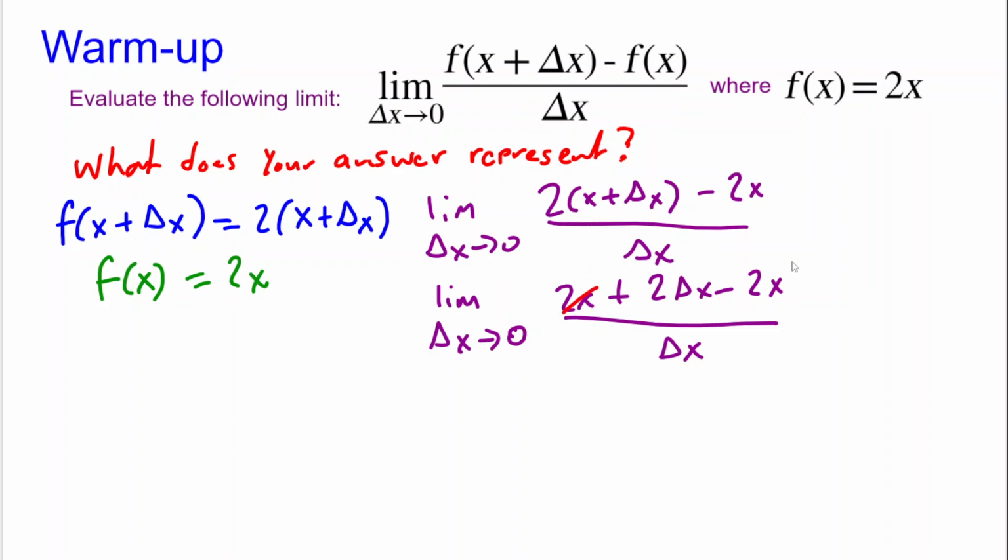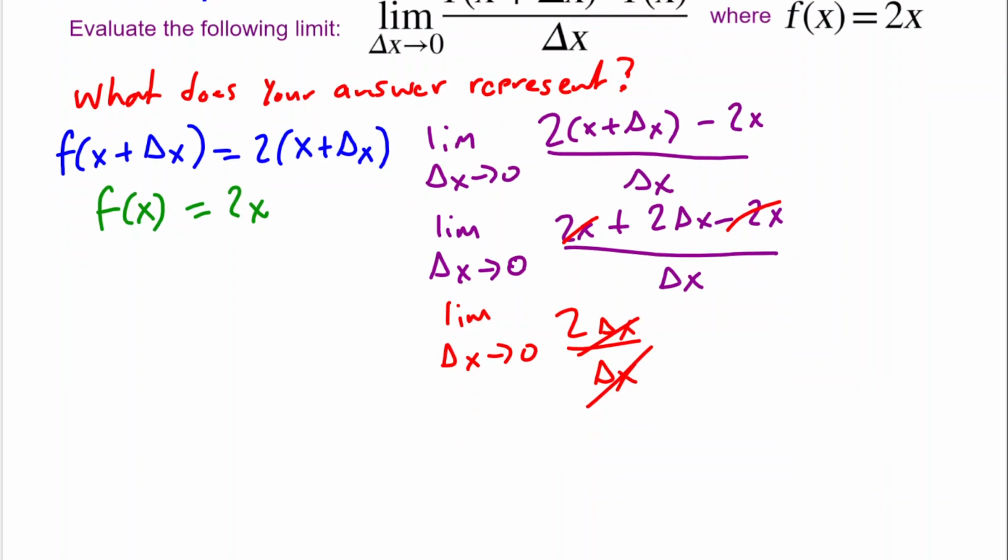These should cancel, and then we get the limit as delta x approaches 0 of 2 delta x over delta x. These delta x's should cancel, and then we get the limit as delta x approaches 0 of 2.